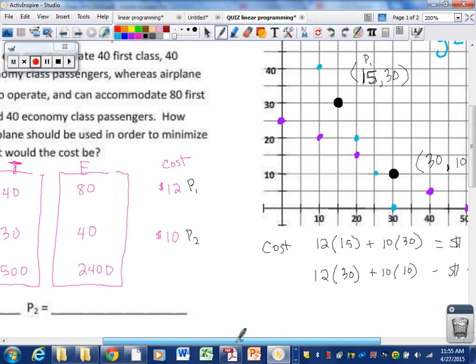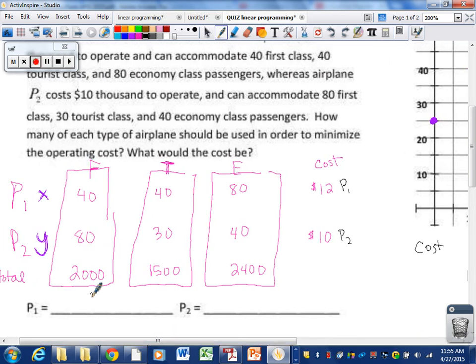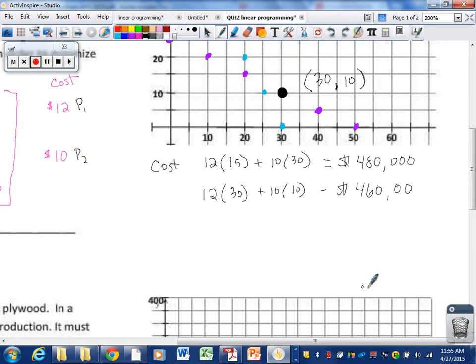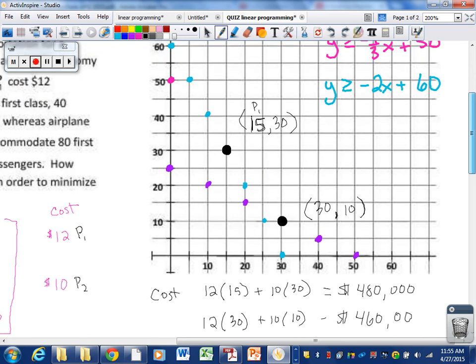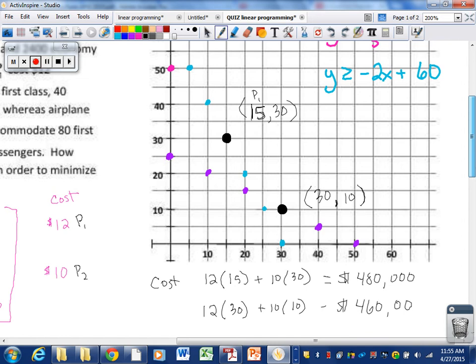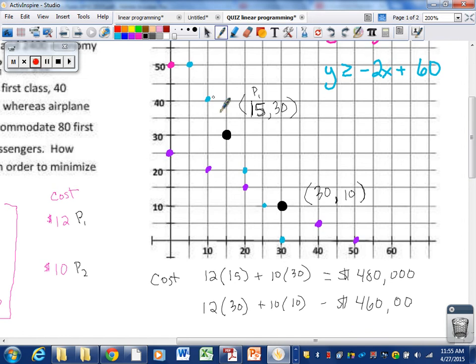So on your answer grid, we would like 30 of plane 1 and 10 of plane 2, and that would cost us $460,000, which is cheaper than doing it the other way. That's what we're trying to do: figure out where all these things are with the equations so we can graph them and see where they cross.